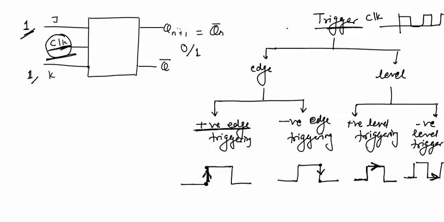If it is designed for positive edge triggering, then if there is any positive level or negative edge, the flip-flop will not be triggered in this particular part of the clock pulse. Only if there is a positive edge, the flip-flop will be triggered. Now we will see what is the race round condition.